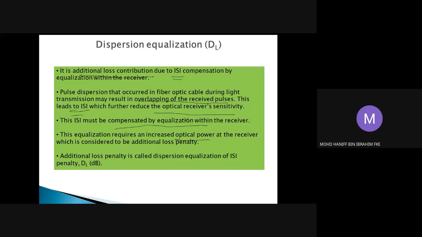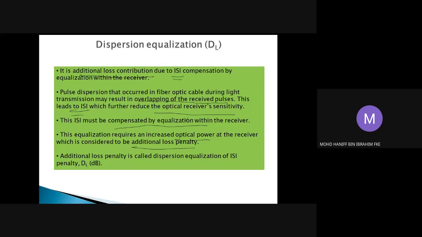We consider this as an additional loss penalty. So basically, we want this DL to be as small as possible because this is a penalty, and we don't want it.